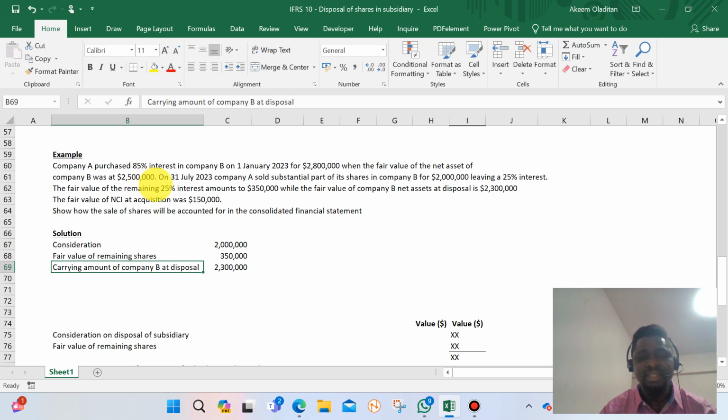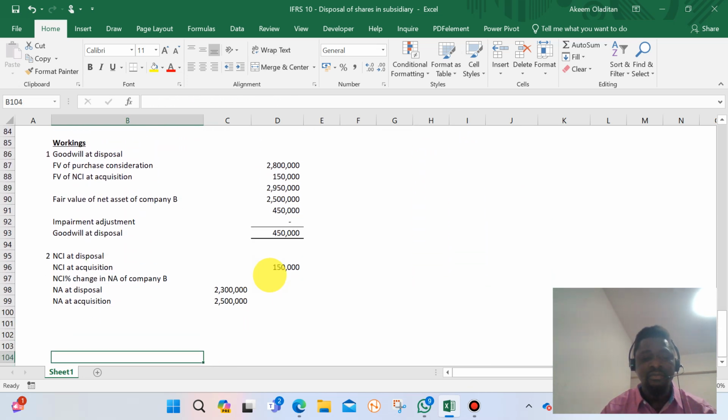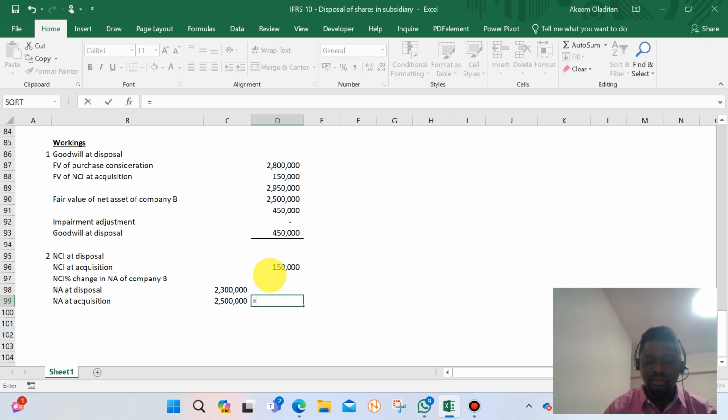Okay, so the net asset has gone down. So company B was 2,500,000 here, but the net asset now at disposal has gone down. So we say the change is negative, which is this minus this. So that percentage change, what is that percentage?